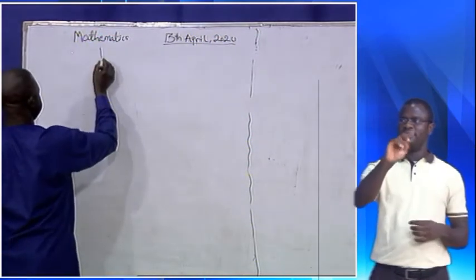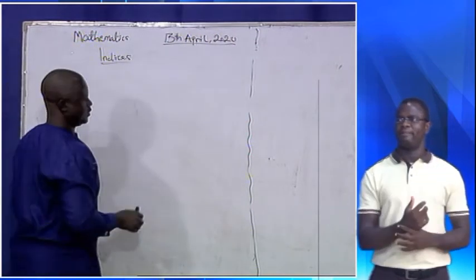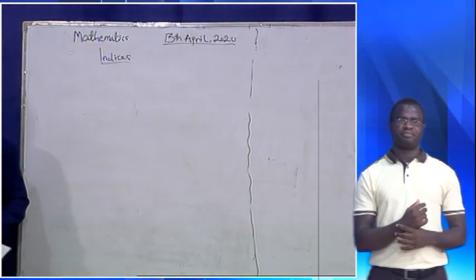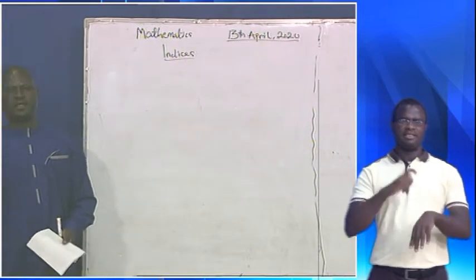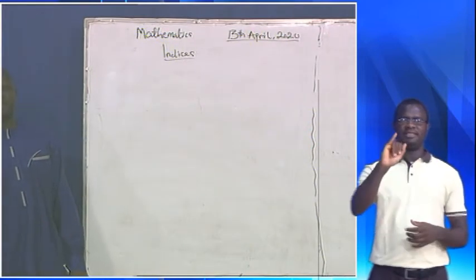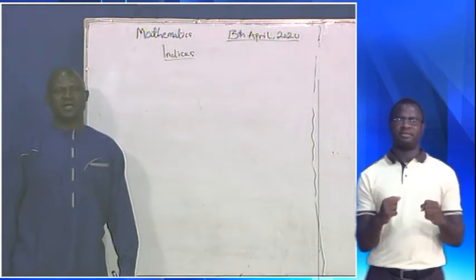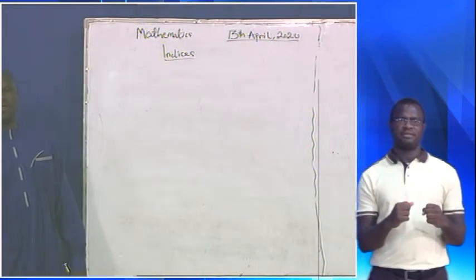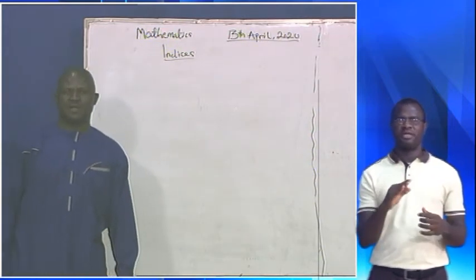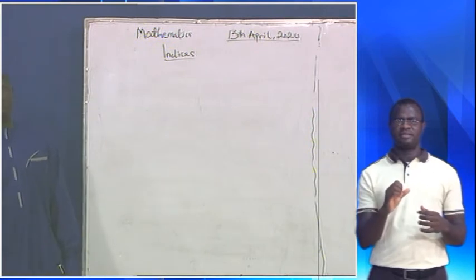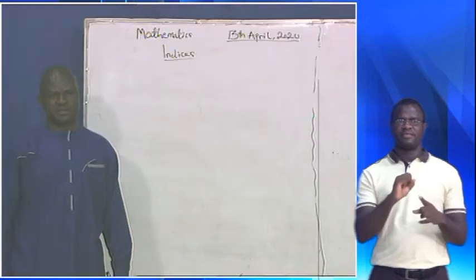Then the topic is indices. From our previous lesson, we discussed that indices simply means exponents or powers. And this came into existence as a result of situations where a certain number is used to multiply itself several times.